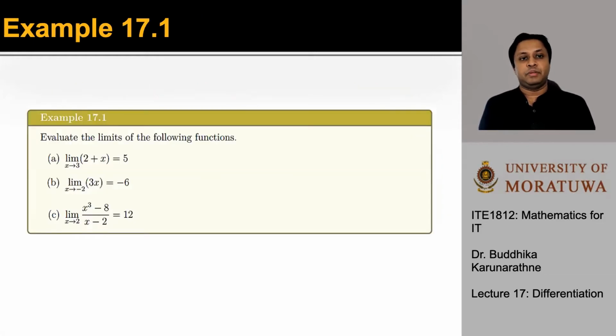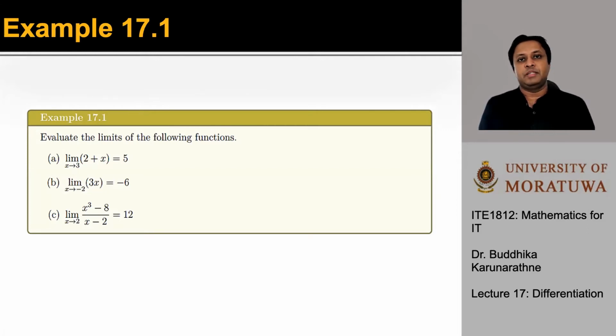So these are some examples now. Example A is limit of 2 plus x when x approaches 3, which will be equal to 5. Similarly, limit of 3x, 3 times x, when x approaches negative 2, will be equal to negative 6.